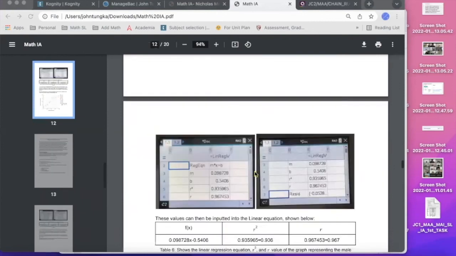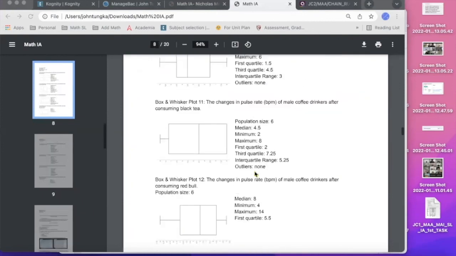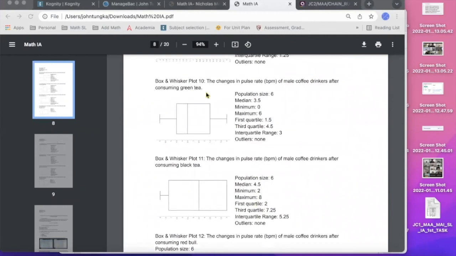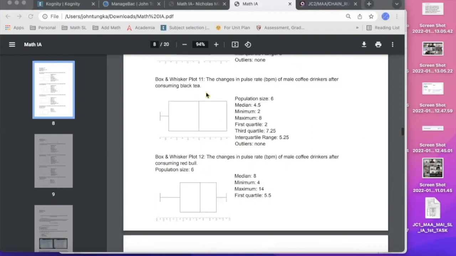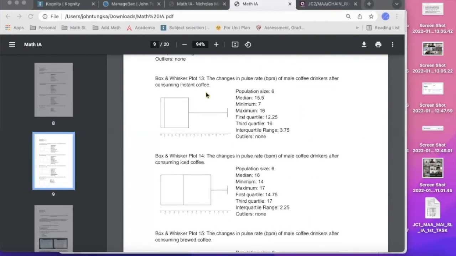Is that correct? Yes, because there's green tea. Whereas your generated model consists of all the drinks in one. You know what I mean?